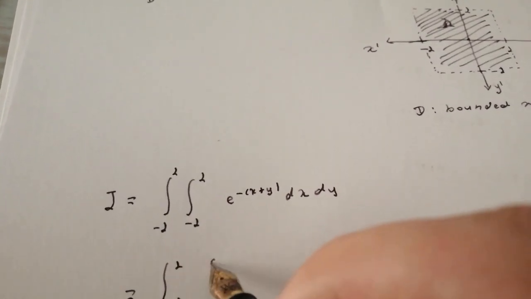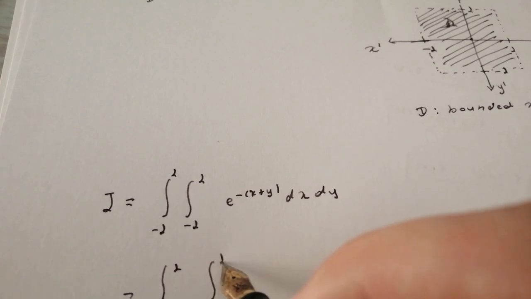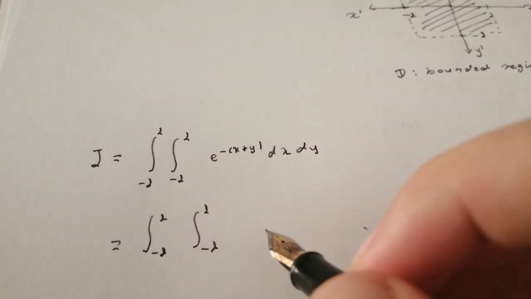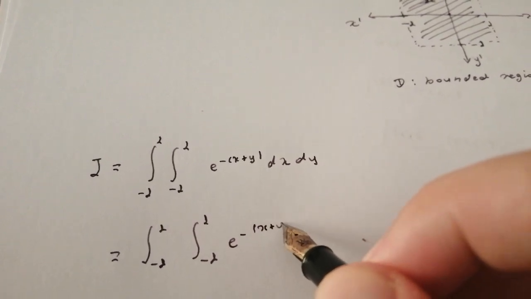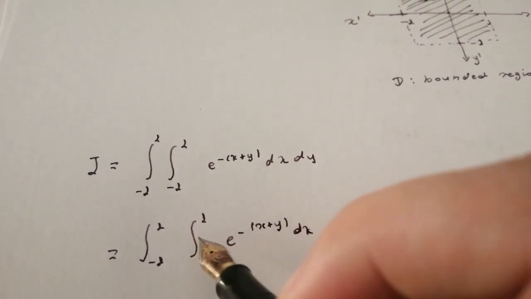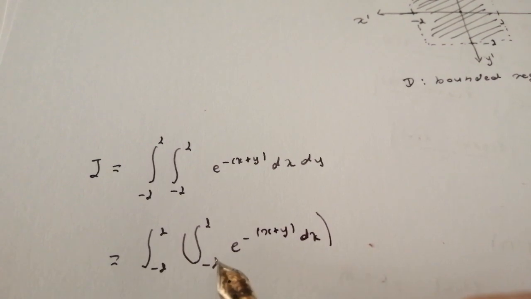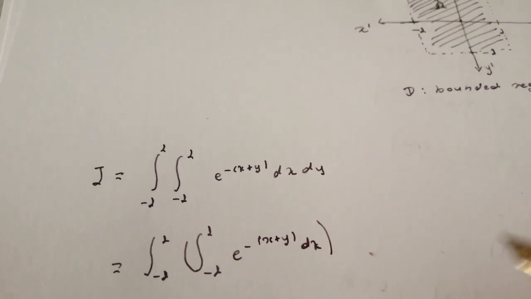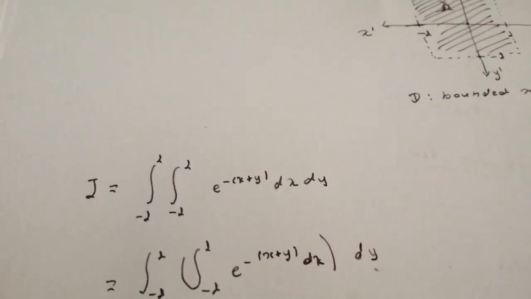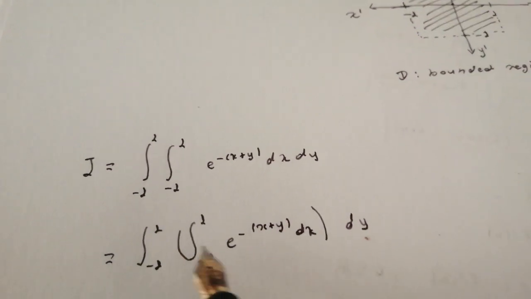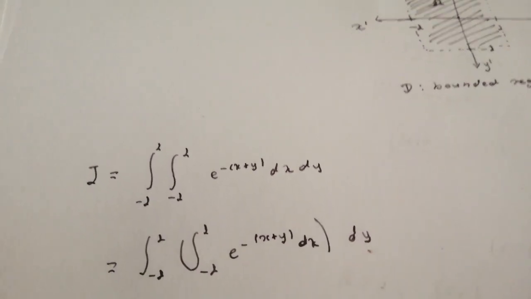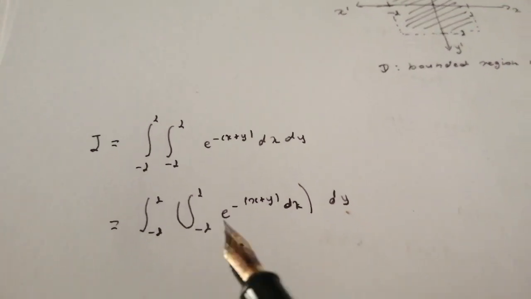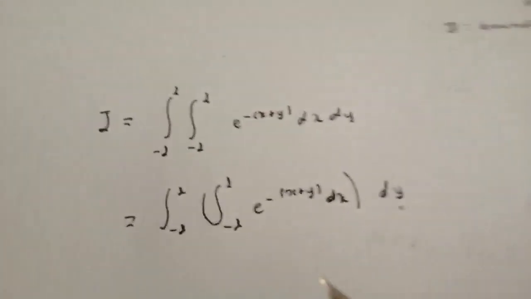We can first compute the integral that lies inside, and then we start from within and we go towards the outside part of the integral.